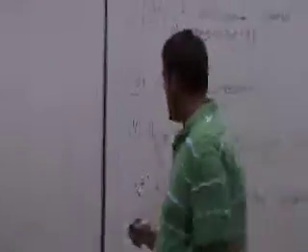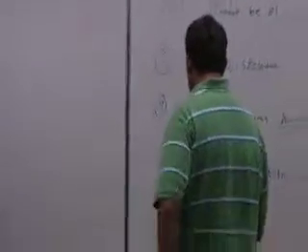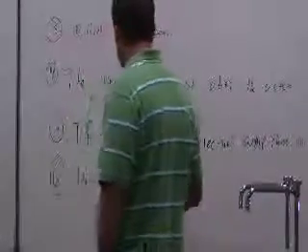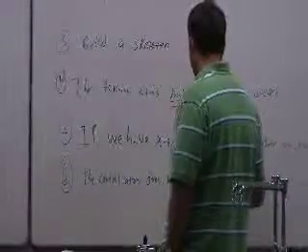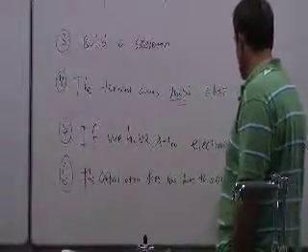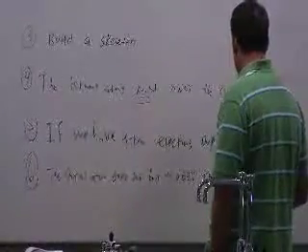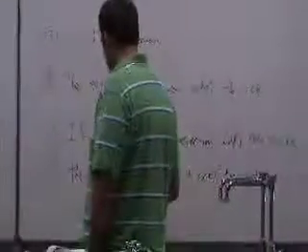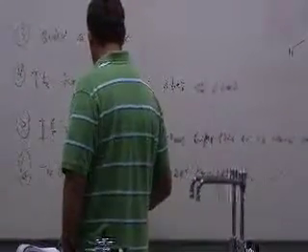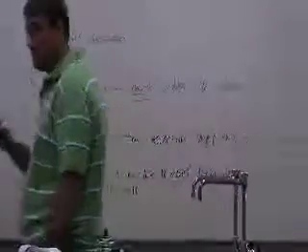Now, the sixth rule says, the central atom does not have to obey the octet. But if it can, it will. And you'll just have to stay tuned for me to explain that one to you.